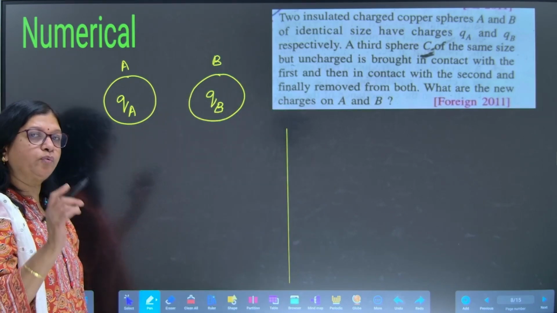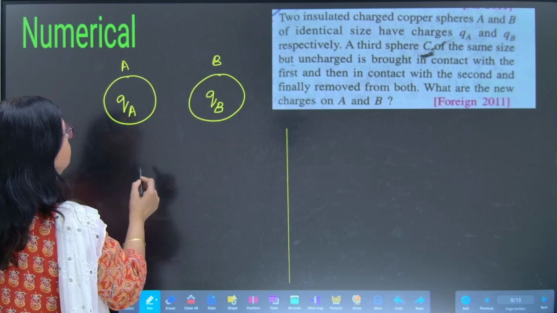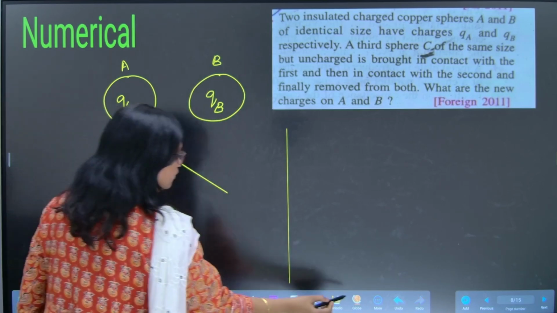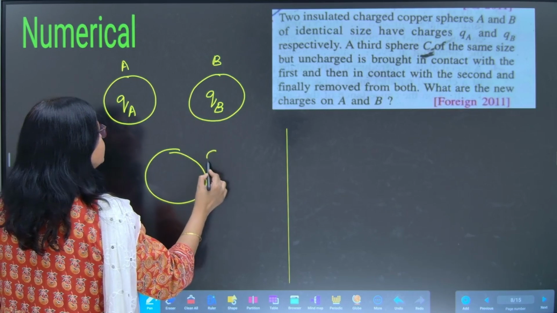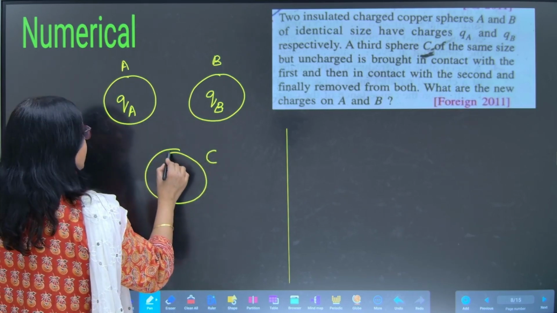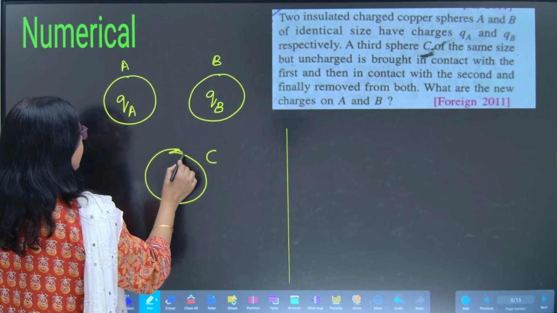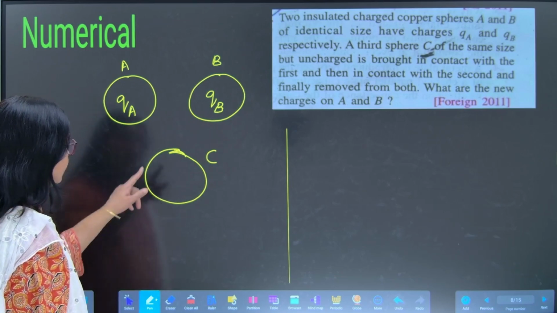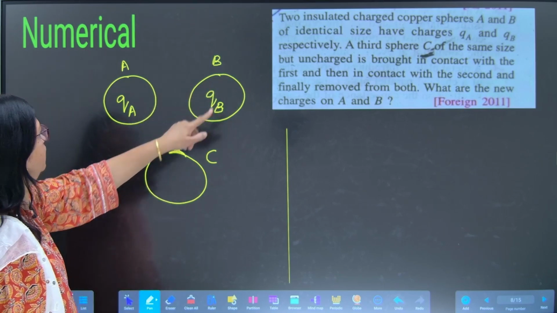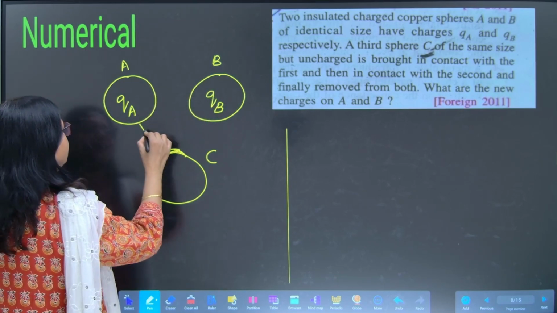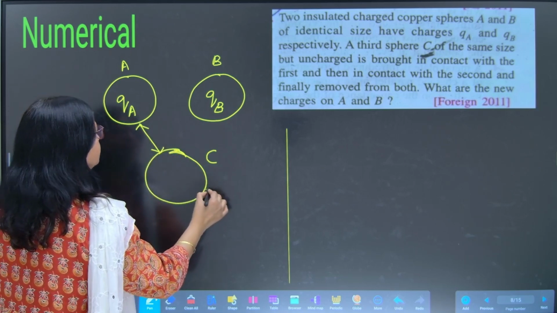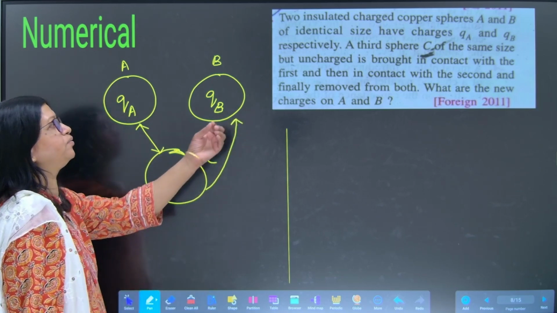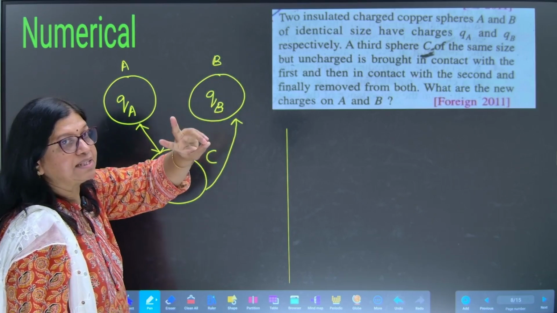So I have a third sphere which is uncharged, naming it C, but it is identical to A and B. This sphere C is first brought in contact with A, then in contact with B, and then released, as read in the sentence.